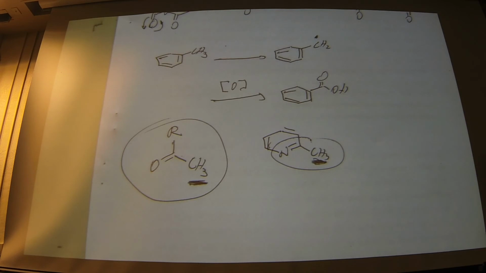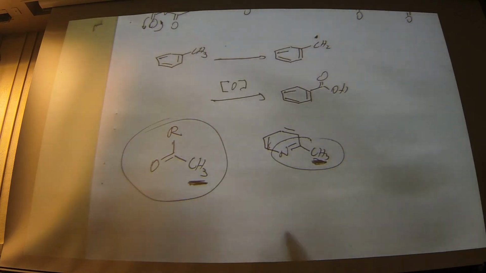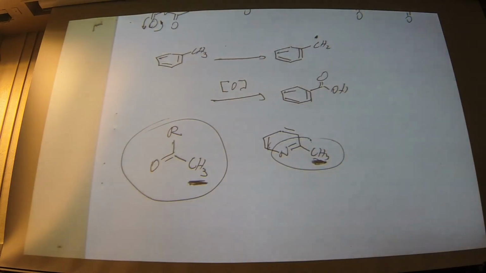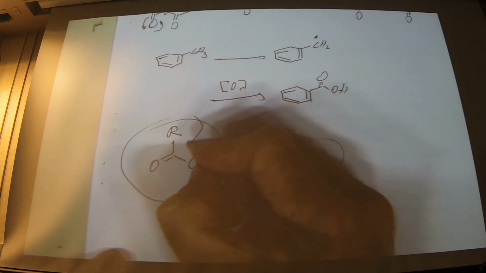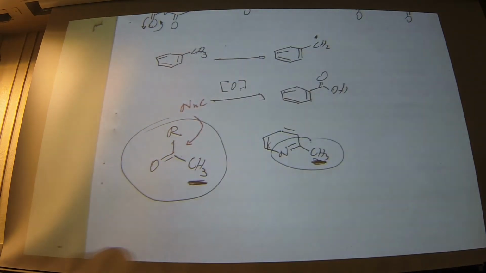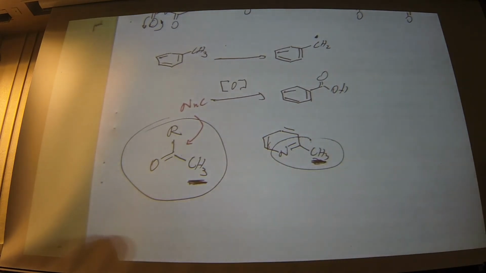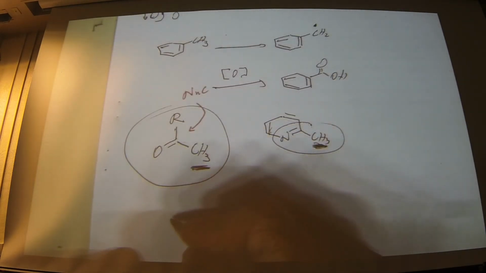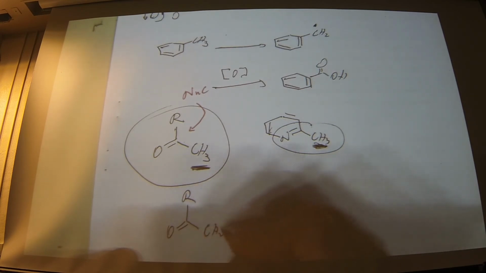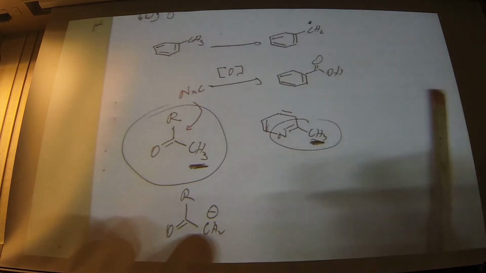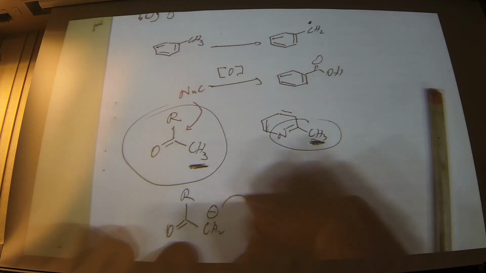Now we go back to carbonyl chemistry. When we talk about carbonyl chemistry, I said, way back when, there were two kinds of reactions that ketones and aldehydes undergo. And we've seen one of them. One of the reactions that ketones and aldehydes undergo is that they react with nucleophiles at this carbon atom, right? We just saw that here in spades. There's another reaction that they undergo. And the other reaction is that they, either through their enols or through their enolates, are nucleophilic species which react with electrophiles.